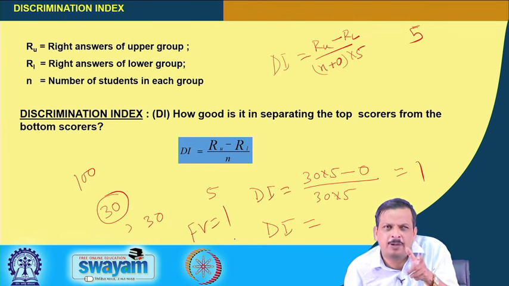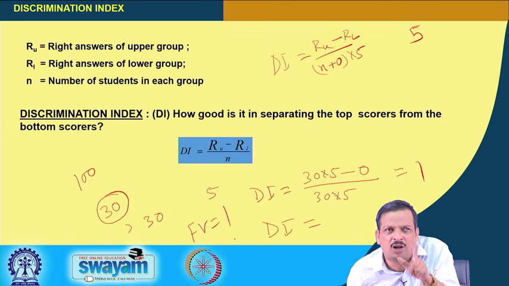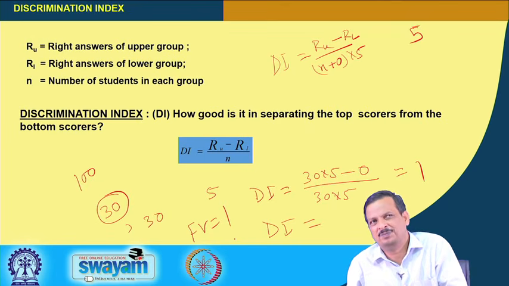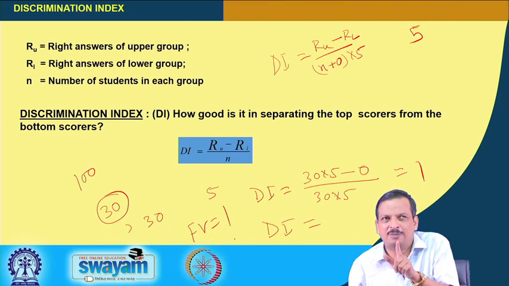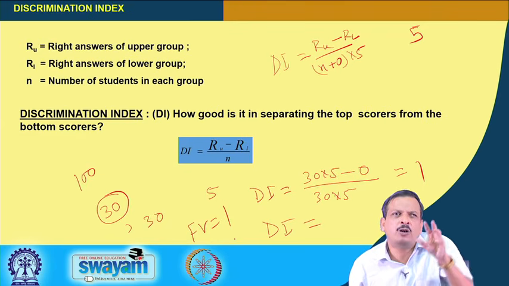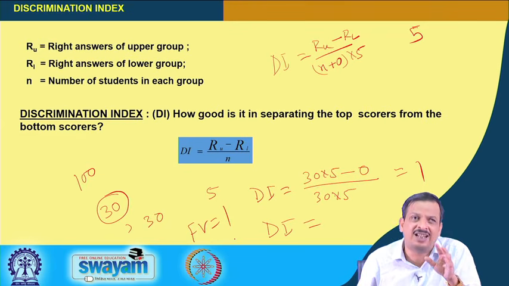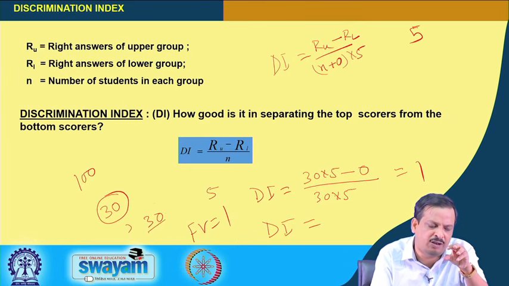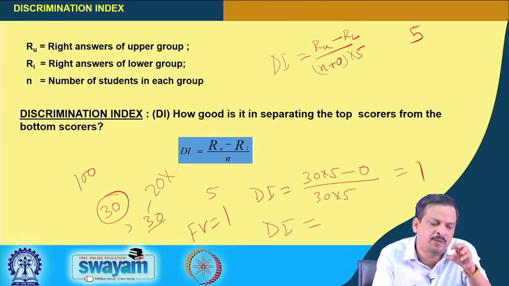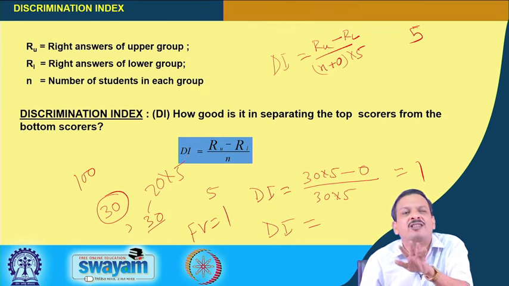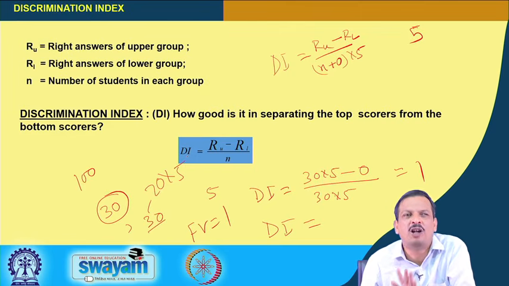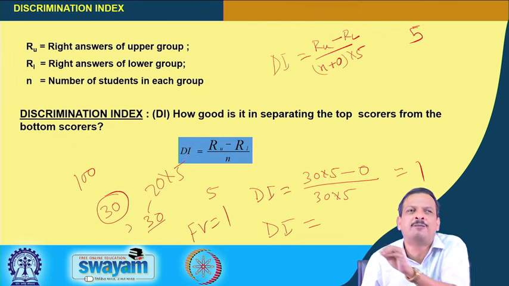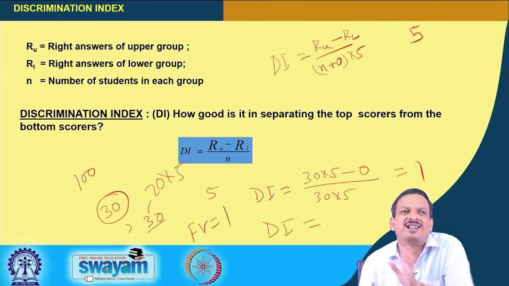There may be a possibility that FV is not 1, but DI may be 0. The possibility is there, because suppose out of 30 students, 20 students of the upper group get 5 out of 5 and 10 students get 0. In the lower group also, 20 students get 5 out of 5, 10 students get 0.